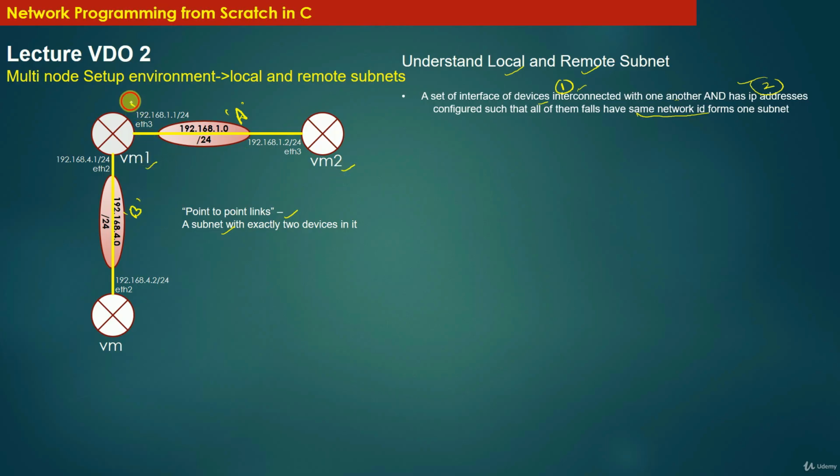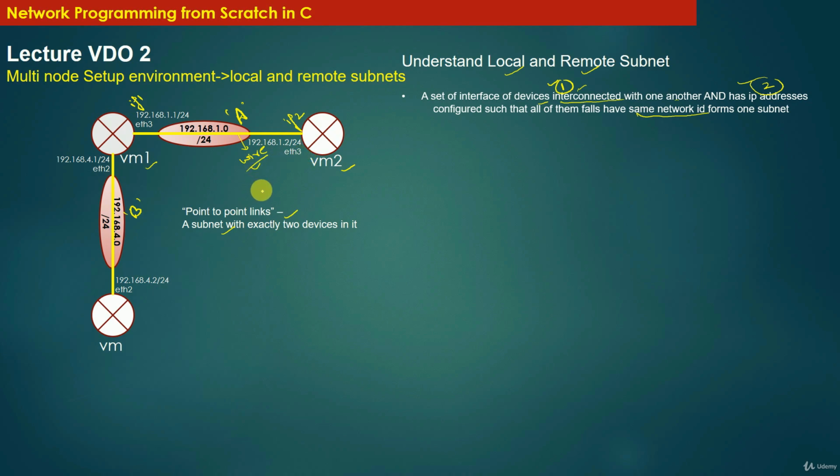VM1 has an interface, let's say IF1, and VM2 has an interface, let's say IF2. These interfaces are interconnected using a wire, which we call a point-to-point link. So condition 1 is satisfied.